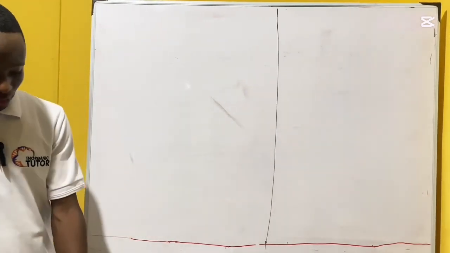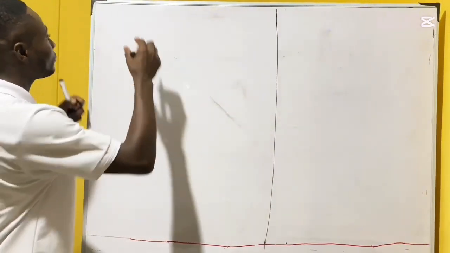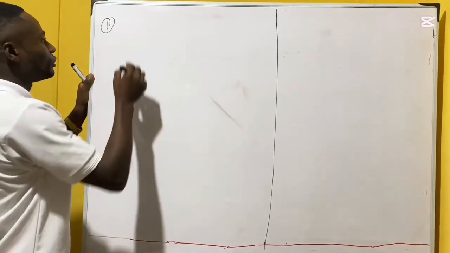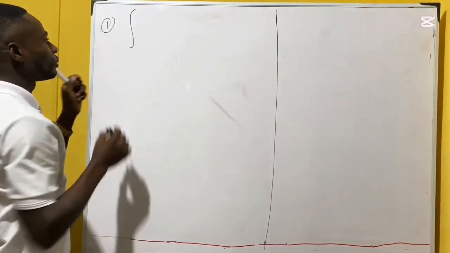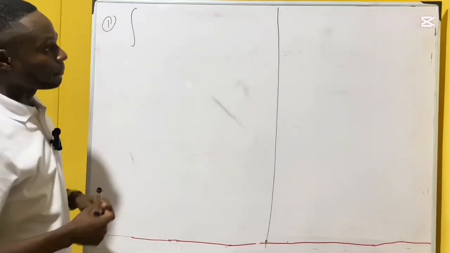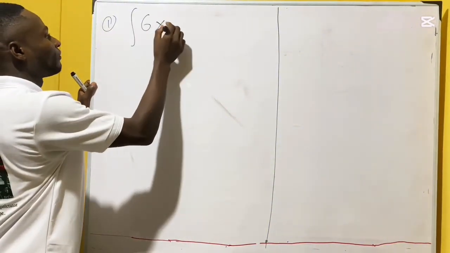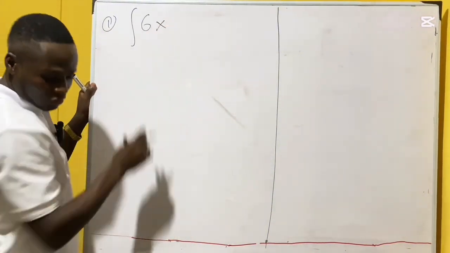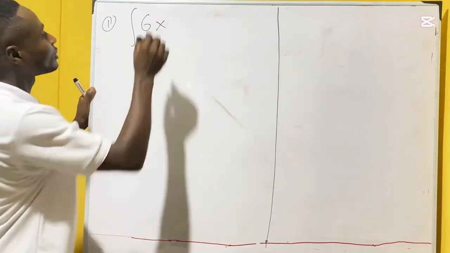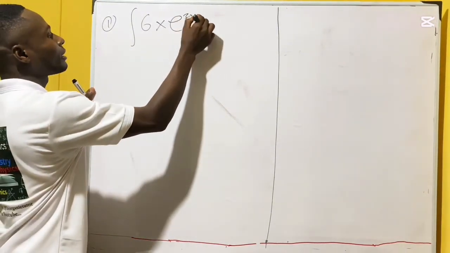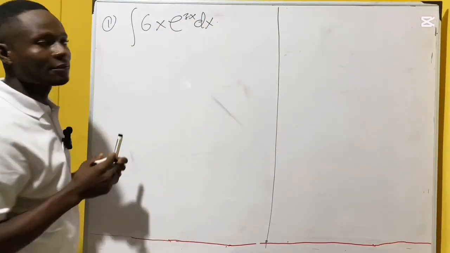Under the tabular approach, we are going to solve this integration by parts problem. Of course, it's going to be our first problem: 6x e power 3x dx, right?